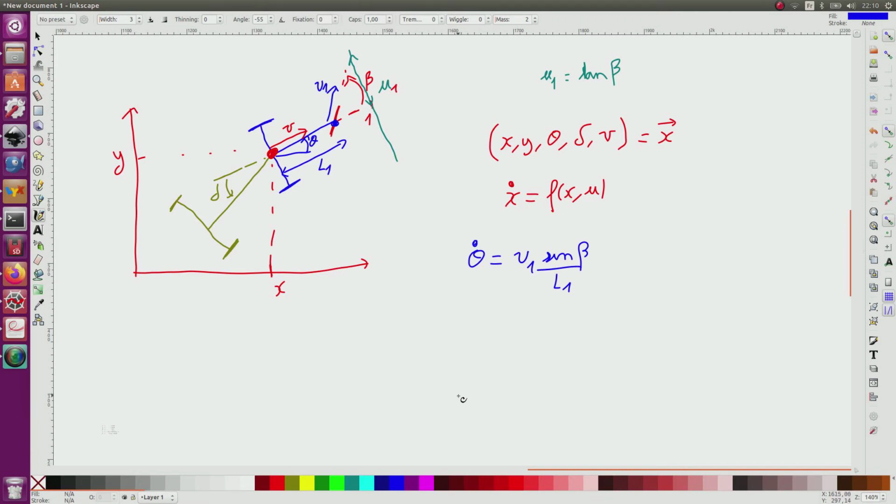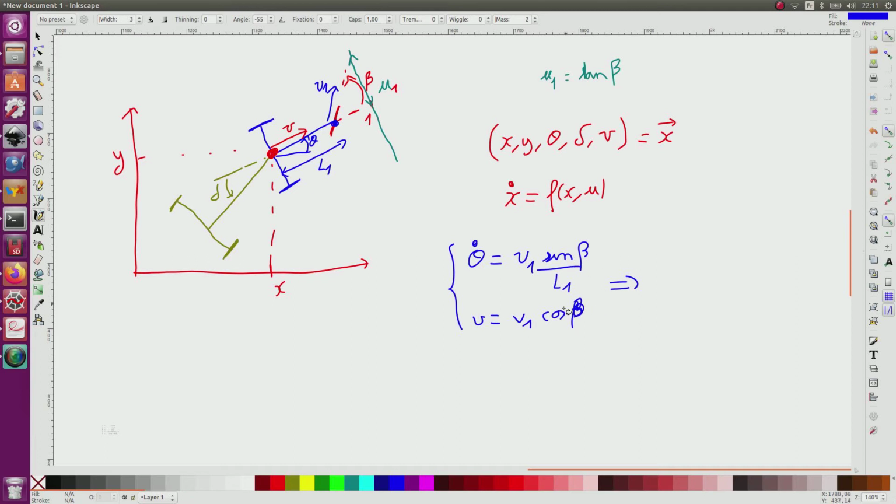Now I have also V here, which is related to V1 by the relation V equals V1 multiplied by cos beta. So from this, V1 is not inside the state variable, so I will get rid of it. Excuse me, here it's beta.